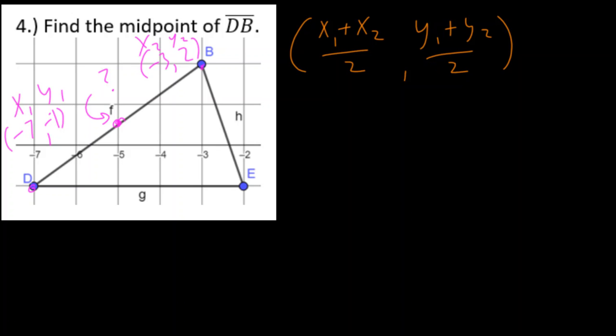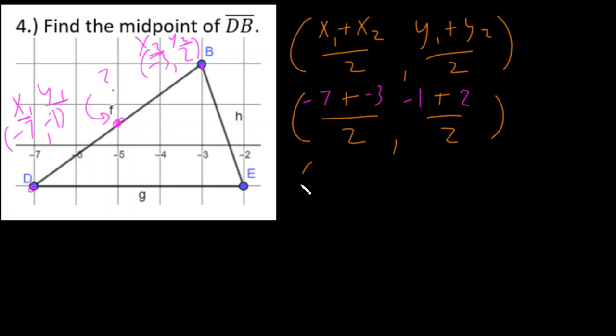So what does that look like when we plug it in? Well, I'm going to initially write our formula where everything that we won't change will stay in orange. But let's go ahead and plug in our values in this purple. I see that my x1 value is negative 7, and my x2 value is negative 3. I see that my y1 value is negative 1, and my y2 value is positive 2.